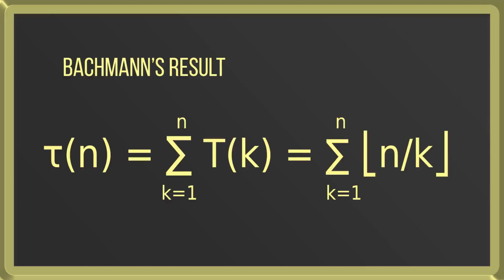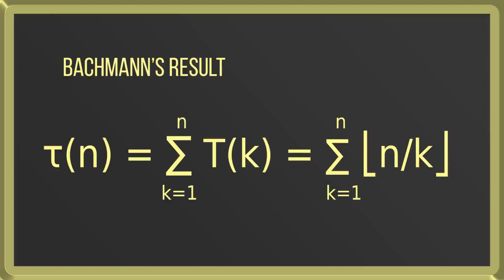While this is a convenient alternative formula for tau of n, Bachmann wanted an analytic estimate of its magnitude. Given n, roughly how large is tau of n? The problem is the integer part function is discontinuous, so applying methods of calculus is cumbersome.